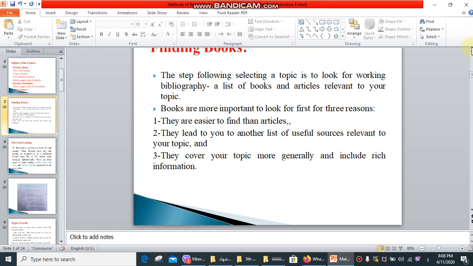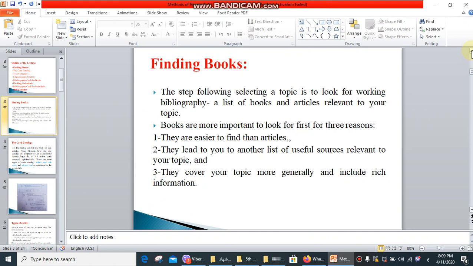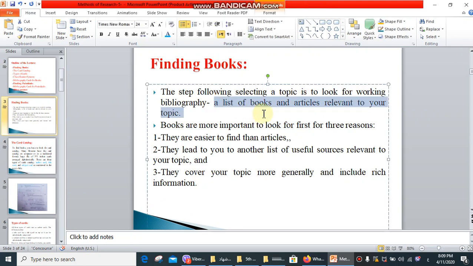Now let us begin with the first slide, which is devoted to finding books. The step following selecting a topic is to look for a working bibliography. So what is meant by working bibliography? It is a list of books and articles relevant to your topic.